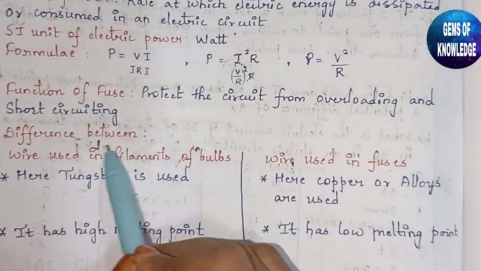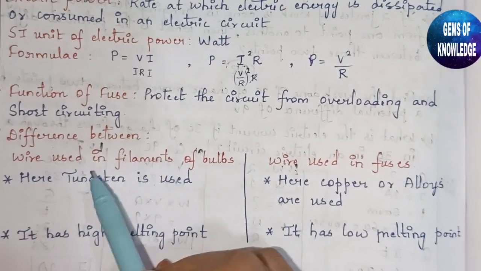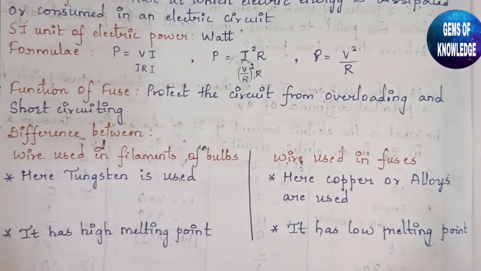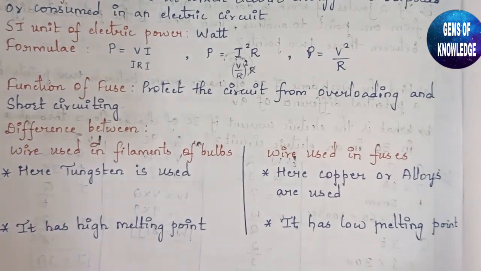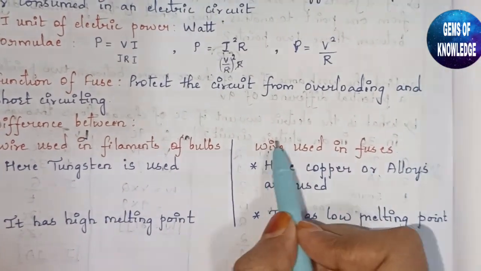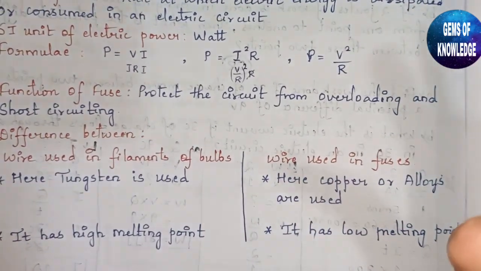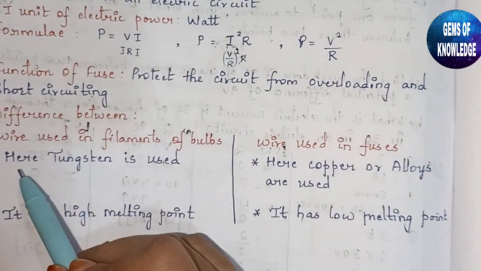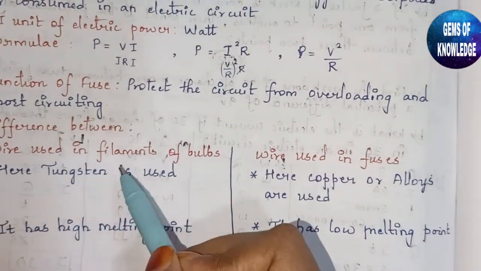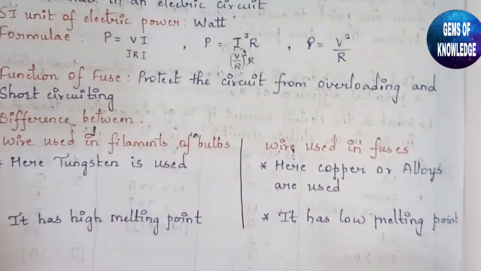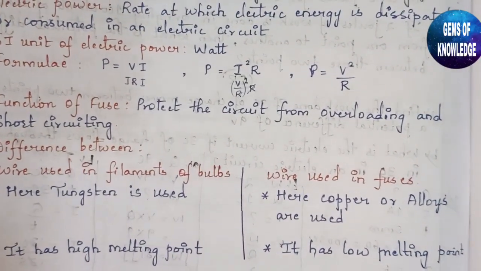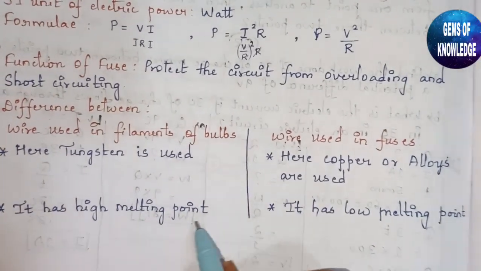Now they are asking the difference between the wire used in the filament of a bulb and in a fuse. You know that the filament used inside the bulb is tungsten, whereas in the fuse, copper wire or any alloy wire is used. That is the difference. Why is tungsten used? Because whenever the current increases, that tungsten must not melt because it has a high melting point.